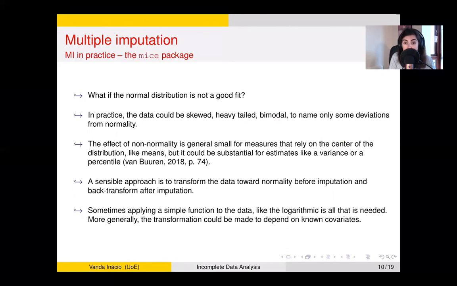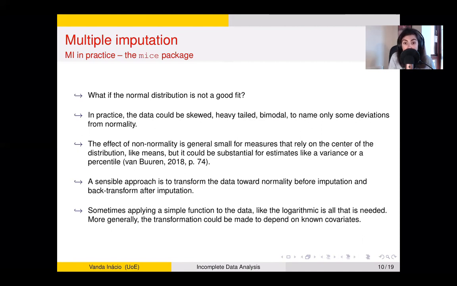In practice, the data can be skewed, we can have heavy tails, bimodal distributions, and these are only some of the deviations that we can have from the normal assumption. And Van Buuren says in his book, Flexible Imputation of Missing Data, that the effect of non-normality is generally small for measures that rely on the center of the distribution, for instance means, but it can be substantial for estimates of variance or quantiles.